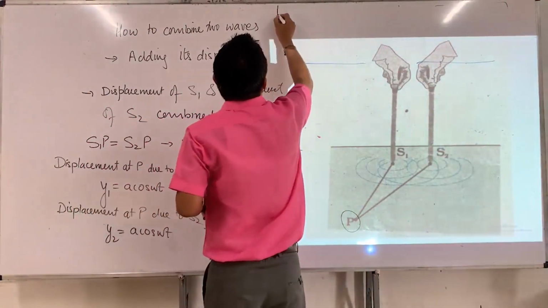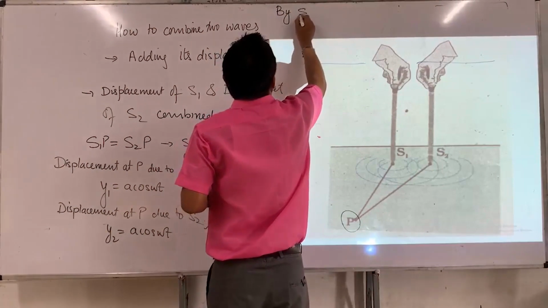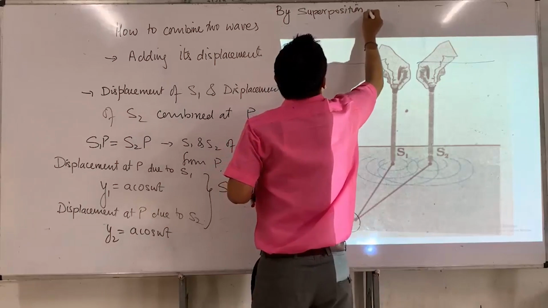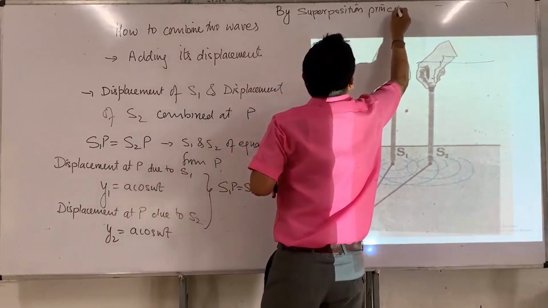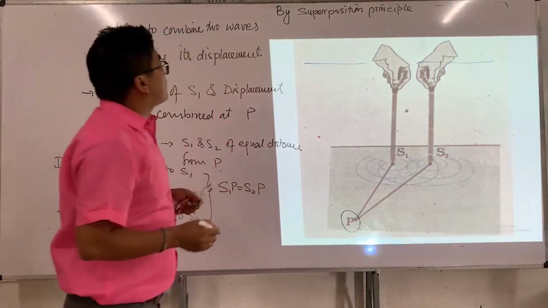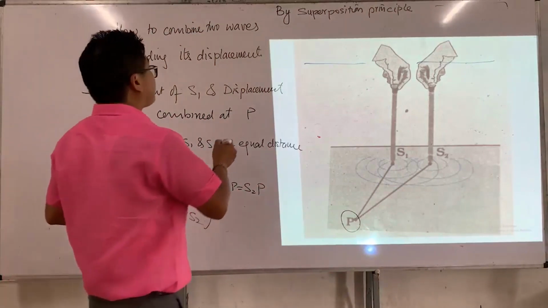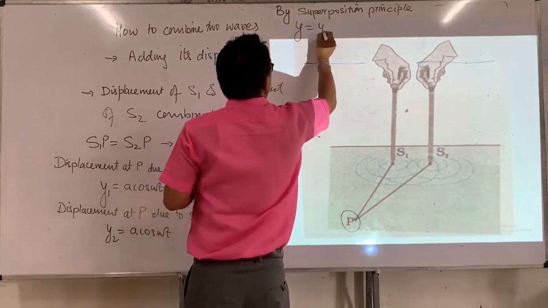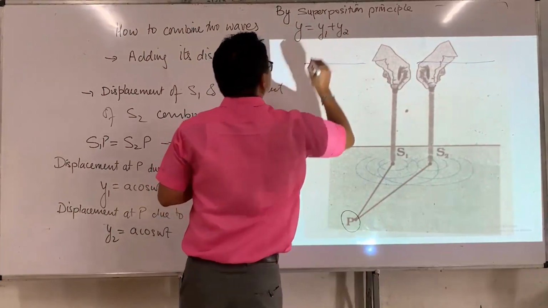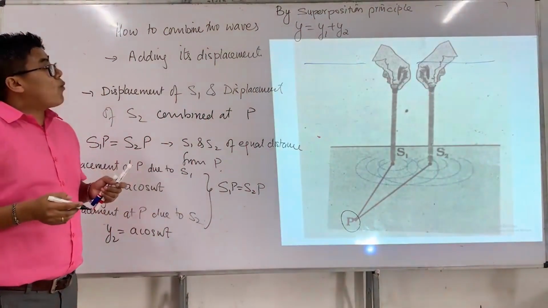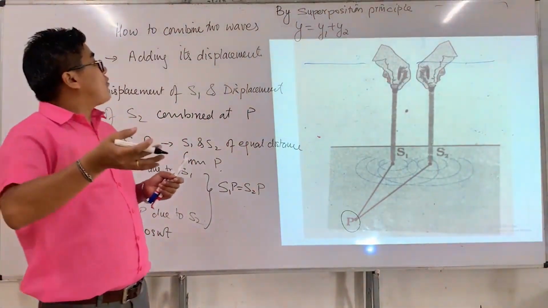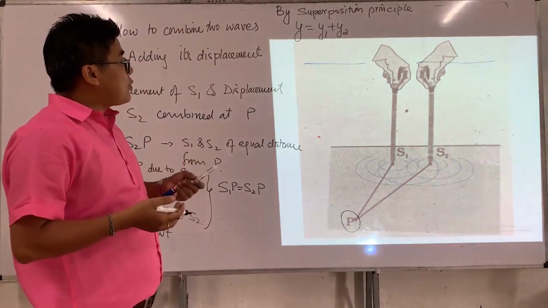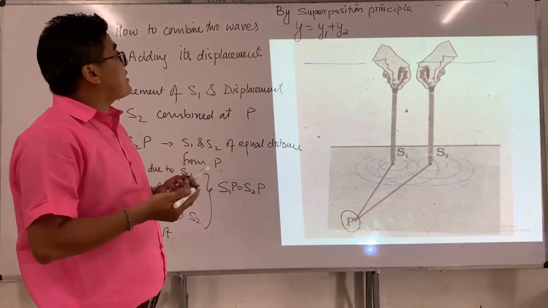So by the superposition principle, y = y1 + y2. Here y1 is the displacement at point P due to S1, and y2 is the displacement at P due to S2.